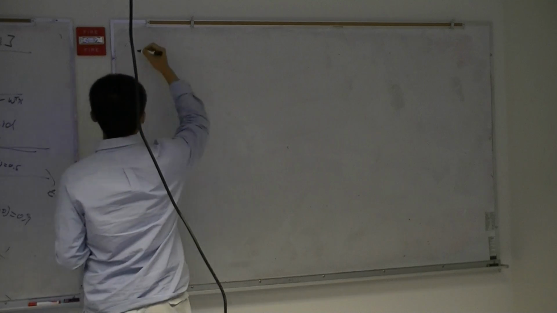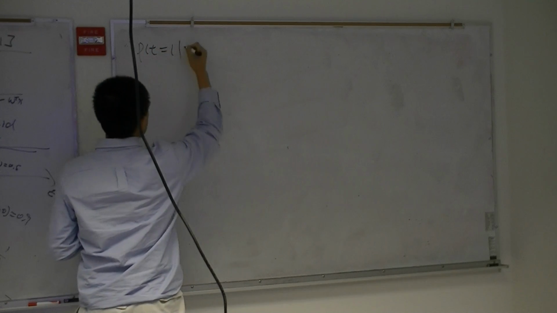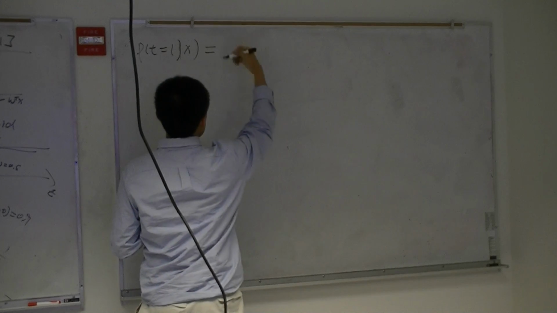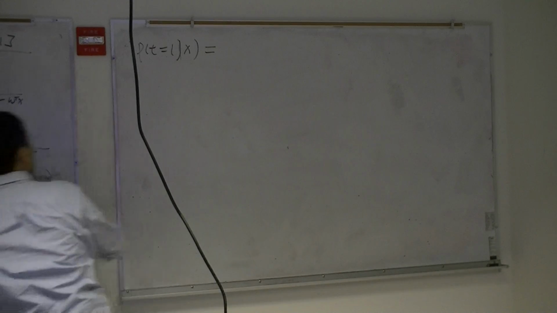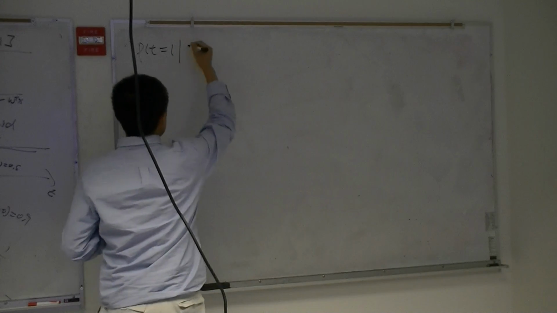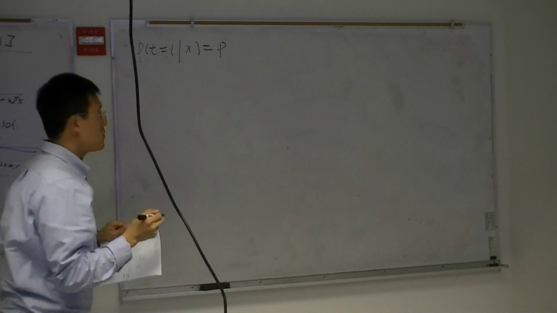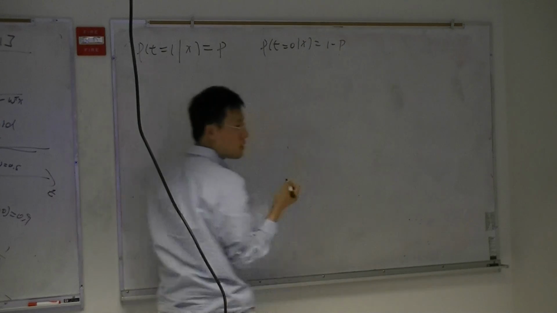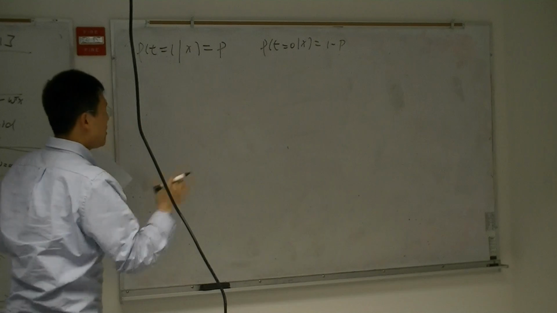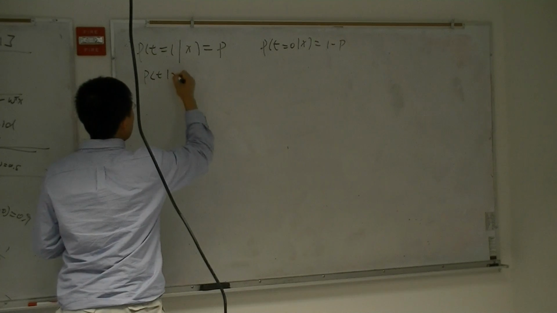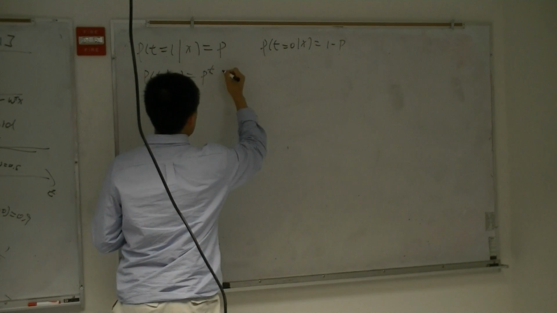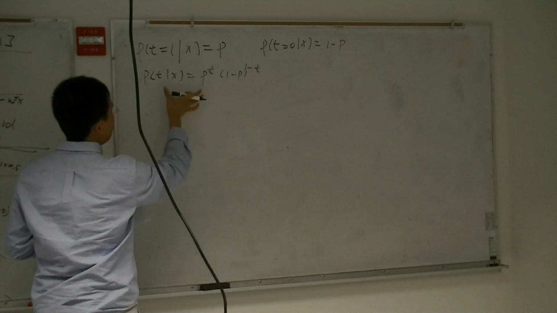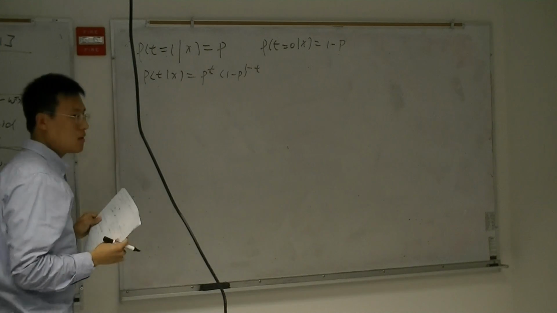In the Bernoulli distribution, we can express the probability of T equal to 1 given x as P as we defined, and the probability of T equal to 0 is equal to 1 minus P. So we can combine those together in a compact form: the probability of T given x equals P to the power of T times 1 minus P to the power of 1 minus T. If T equal to 1, this function equals P. Otherwise it equals 1 minus P.